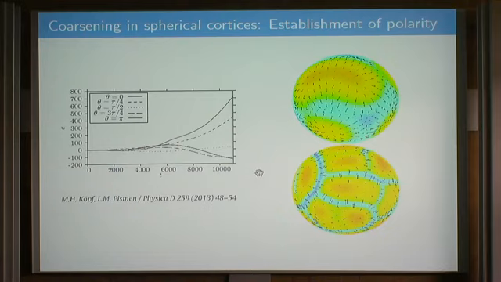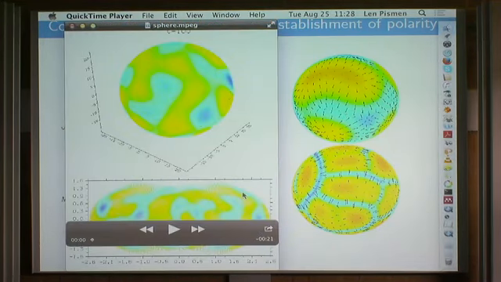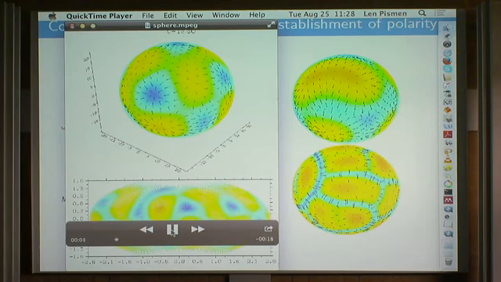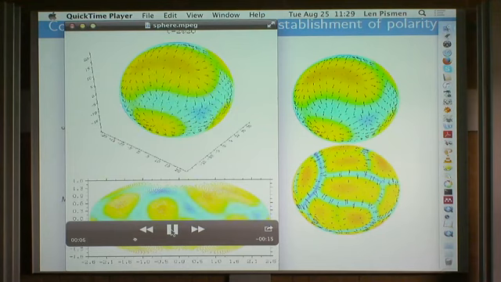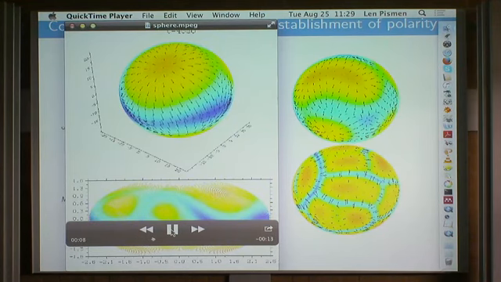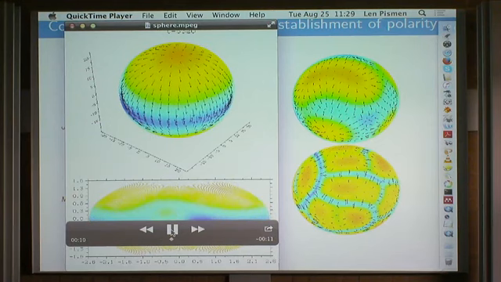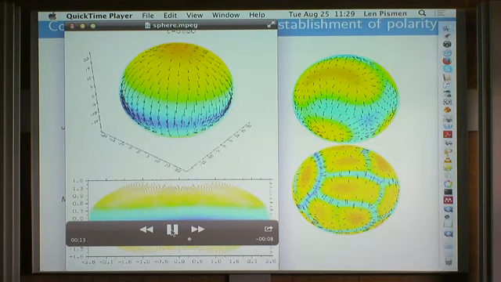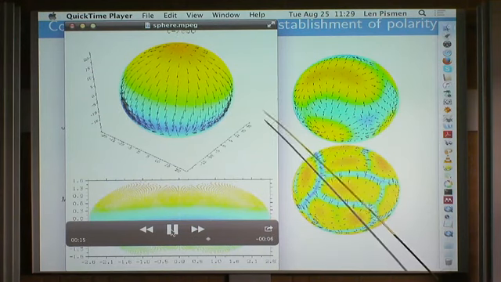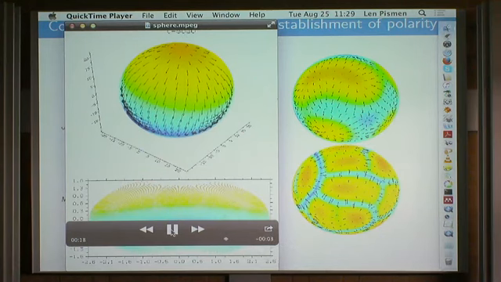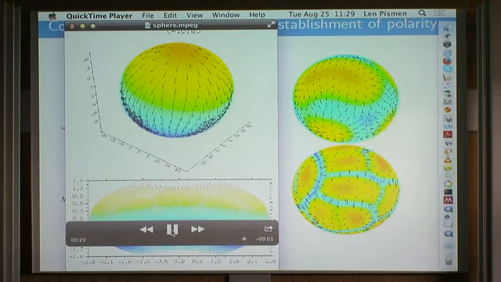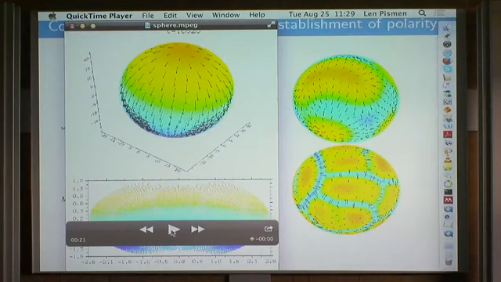But this is interesting when it is in spherical geometry. In spherical geometry, it will lead to permanent polarization and permanent concentration gradient, because on a sphere, topologically, two defects must survive on two poles, and the concentration arranges accordingly.